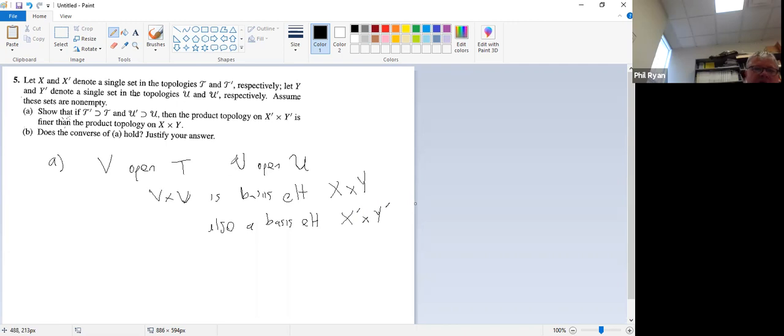So anything that is open in X cross Y is also going to be open in X prime cross Y prime.